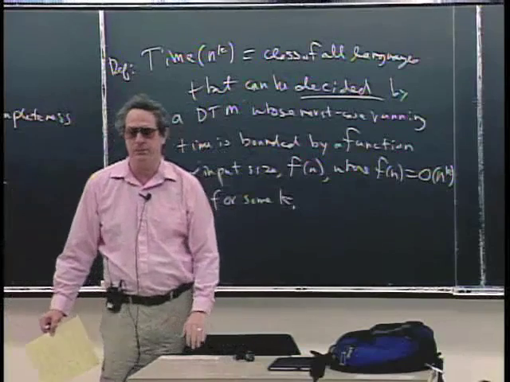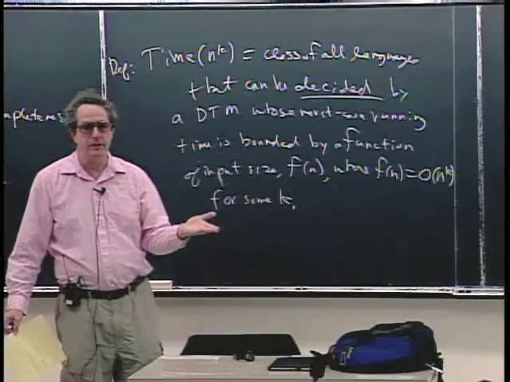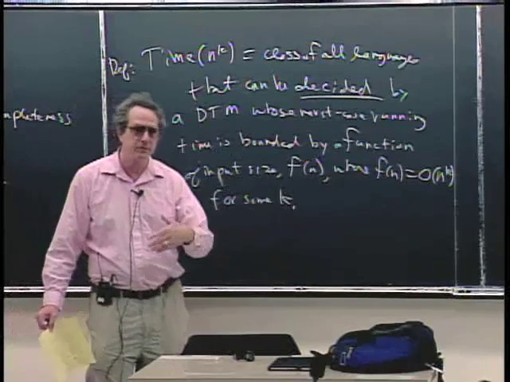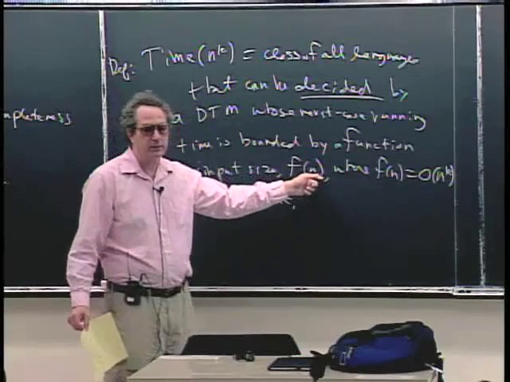well, we're using time and number of steps interchangeably here, but that's the maximum number of steps that that Turing machine will take, the number of transition steps that that Turing machine will take on any input of size n.